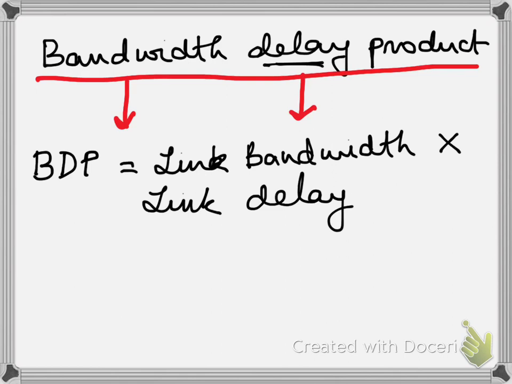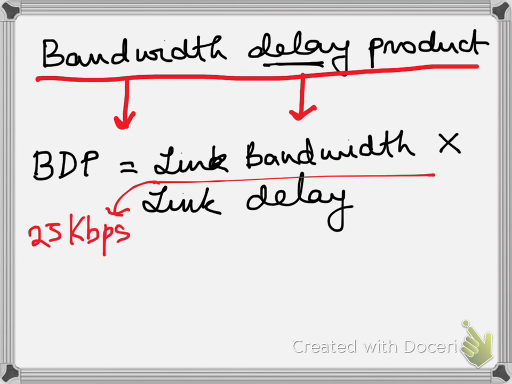So what does it actually tell me? Suppose I say that my link bandwidth is 25 kbps, kilobits per second, and my link delay is 100 milliseconds.